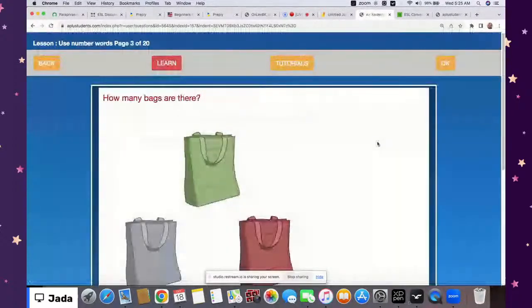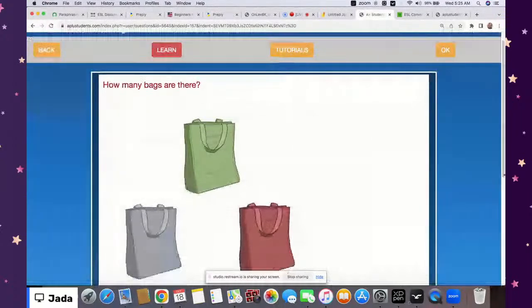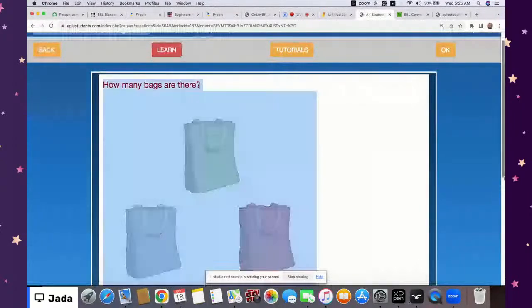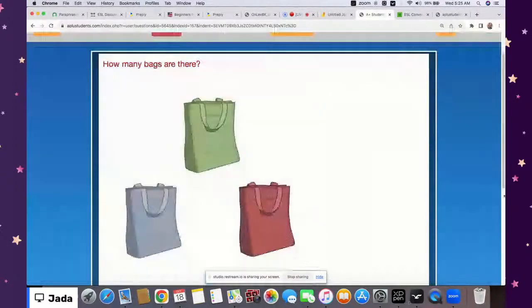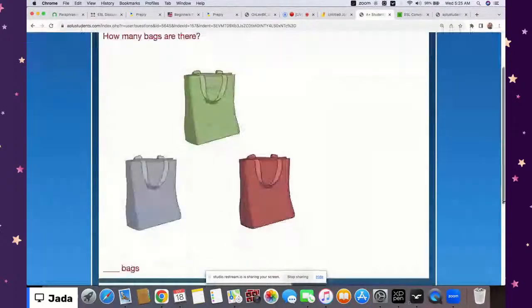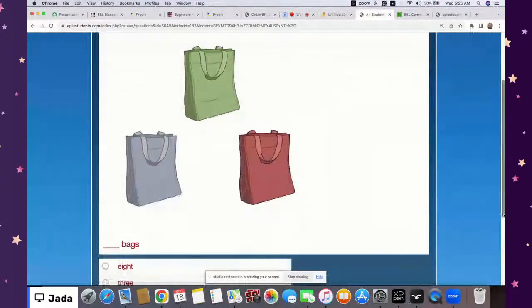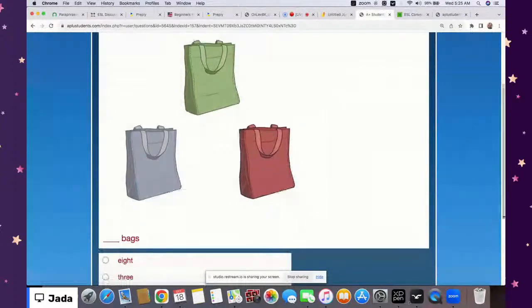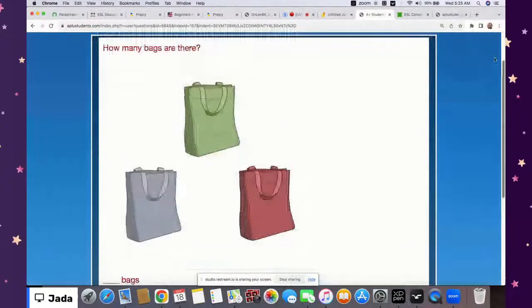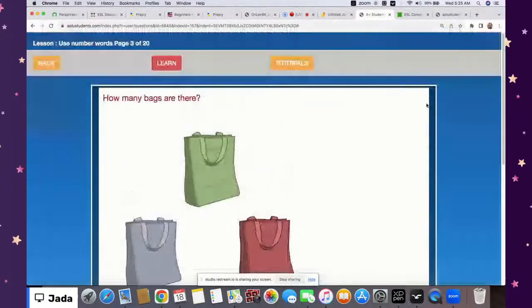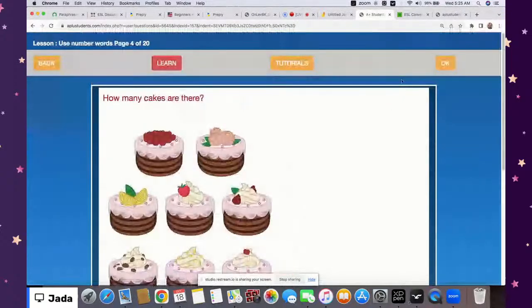How many bags are there? How many bags do we have here? Three. Okay, good job. So we have three bags. Three, yeah. And then for the cakes, how many cakes do you see?